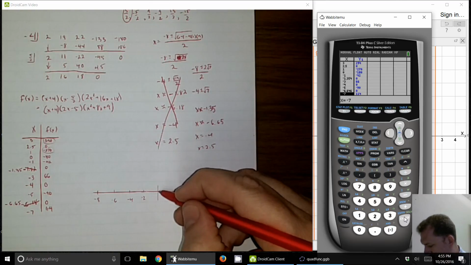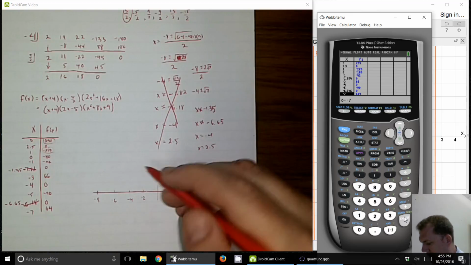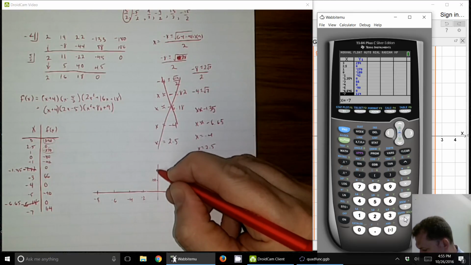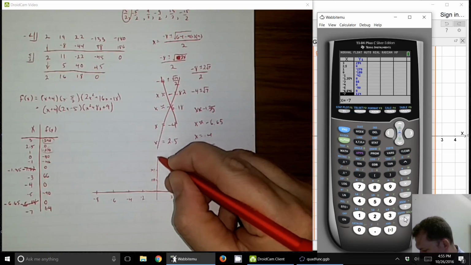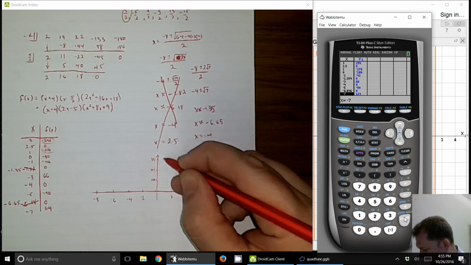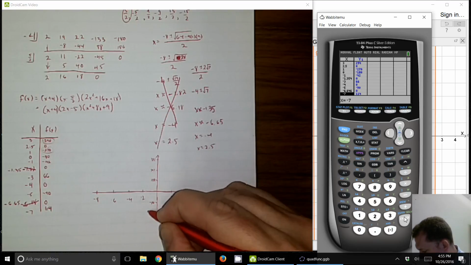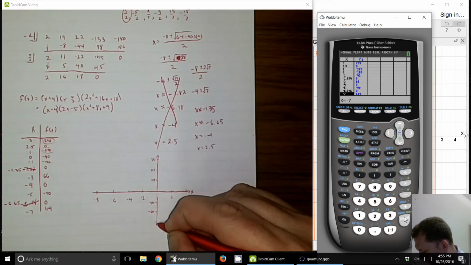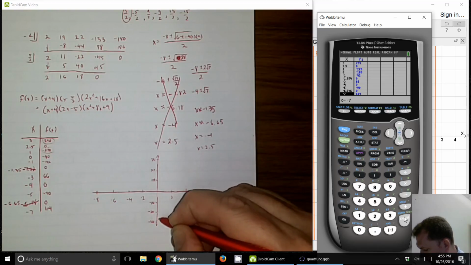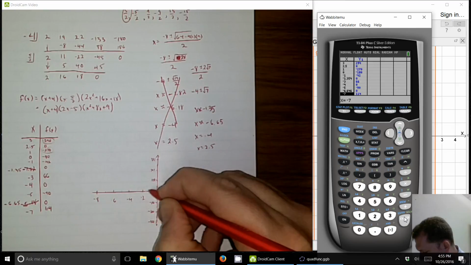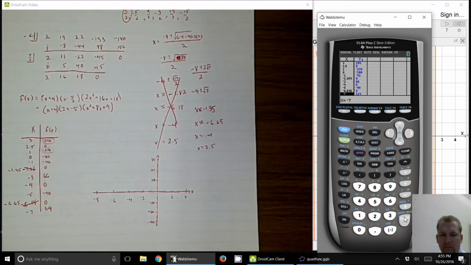And then, like I said, negative 300 to 300, so 100, 200, 300, negative 100, negative 200, negative 300. That window will work pretty well for us. Okay.